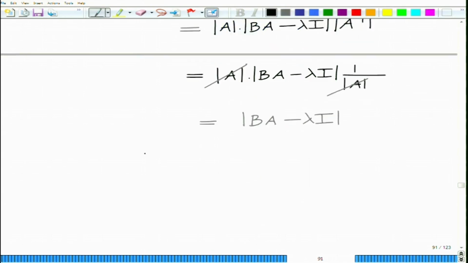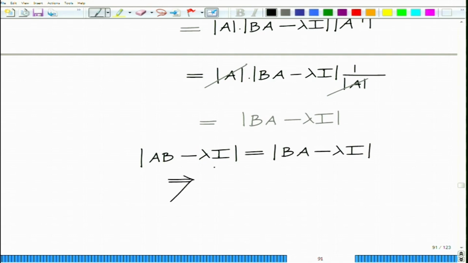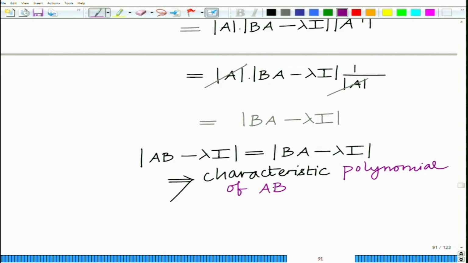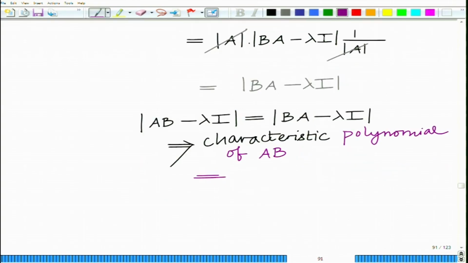Therefore, we have this interesting property, that is determinant of AB minus lambda I equals determinant of BA minus lambda I. This implies the characteristic polynomial of AB, which is determinant of AB minus lambda I, equals the characteristic polynomial of BA.